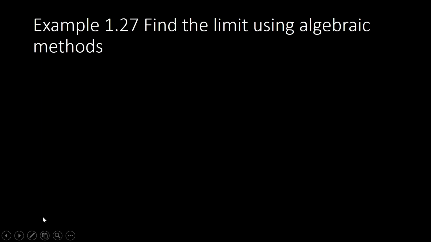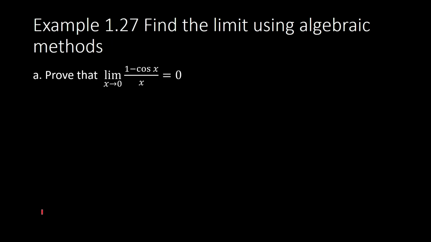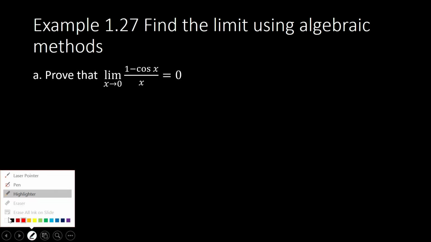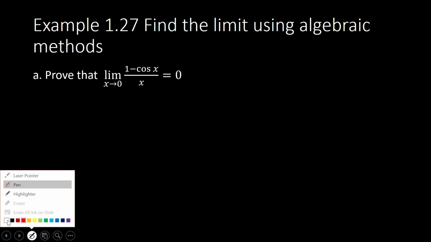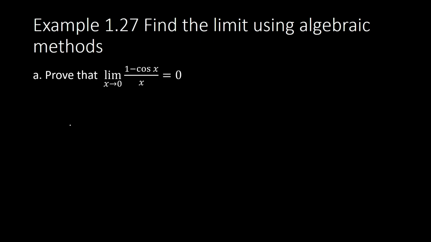Find the limit using algebraic methods. This is the second part of our theorem, and we shall solve this using the techniques of resolving indeterminate forms. But before you can proceed with finding the limit, you must first show that this is indeed an indeterminate form.